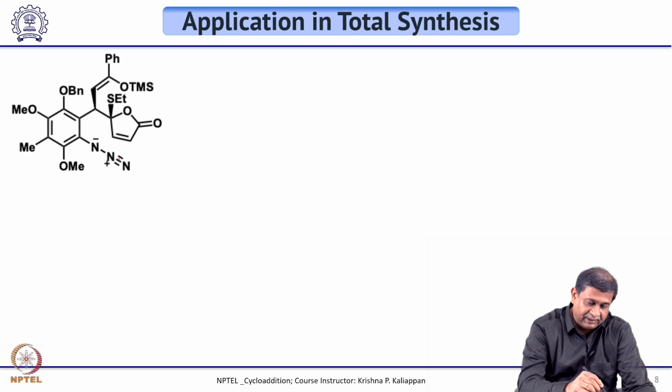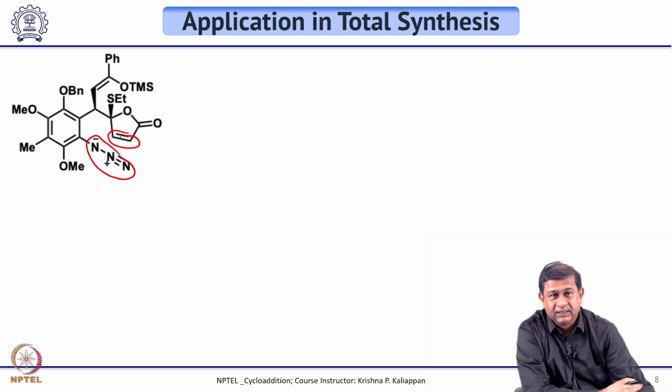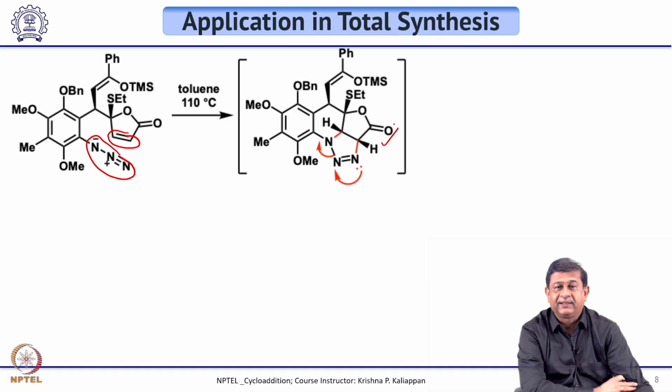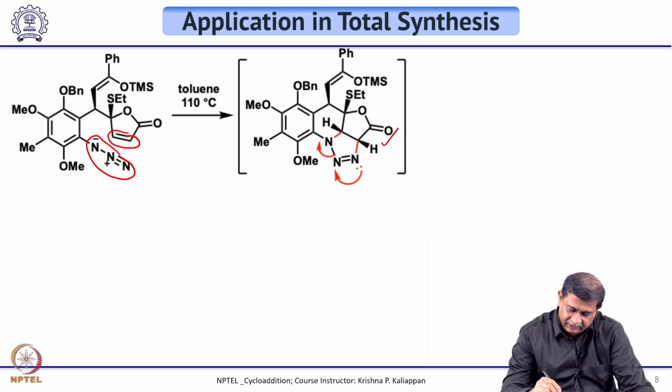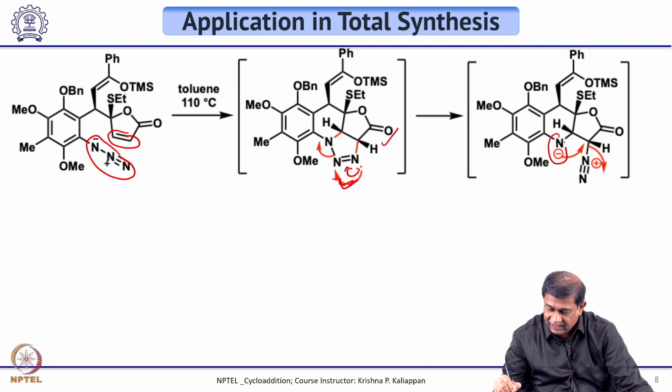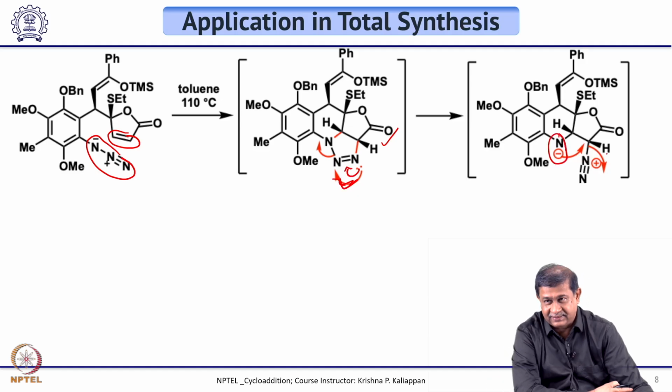So for example, an azide like this can undergo an intramolecular 1,3-dipolar cycloaddition with this 5-membered lactone. When that happens, you get this corresponding triazolene, and this triazolene can immediately undergo ring opening to form one side N minus and the other side N2 plus.